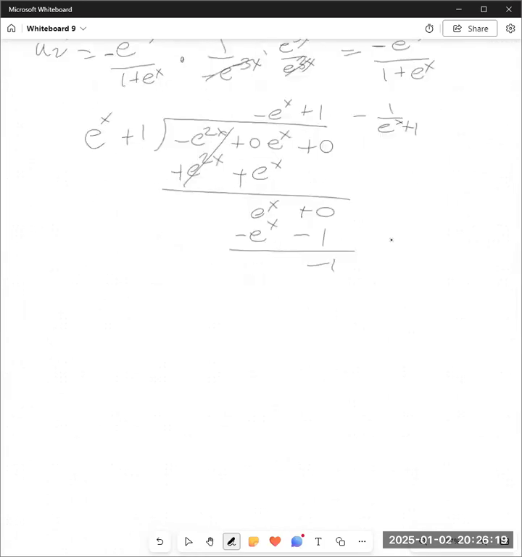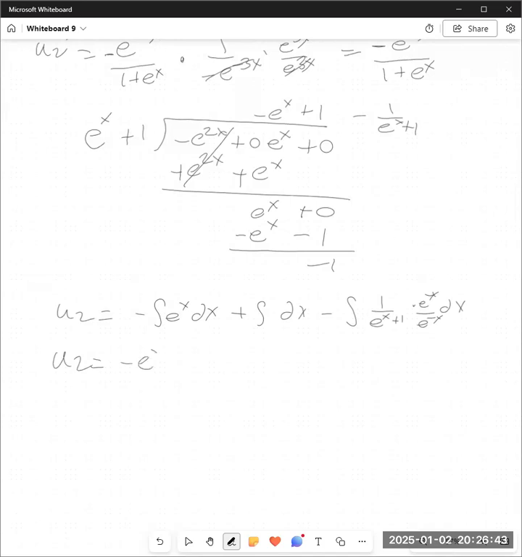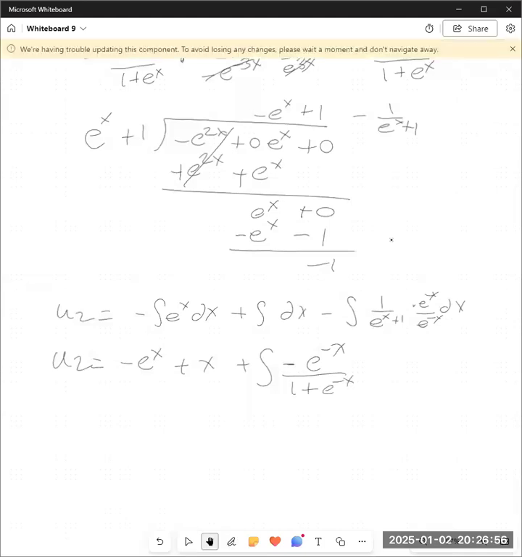So that is going to be u2 is negative integral e to the x dx plus integral dx minus integral 1 over e to the x plus 1 dx. I need to multiply top and bottom here by e to the negative x. So that's going to be u2 is negative e to the x plus x. Go ahead and bring that negative on the inside here to help me. It's a negative e to the negative x over 1 plus e to the negative x.